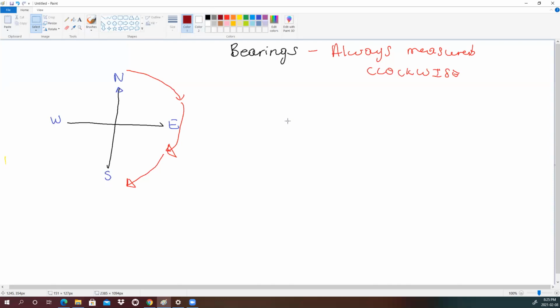So if you get a bearing question, the first thing you must always draw is a north line, because your bearing is always referenced from the north line. So if they say a bearing of P, then you know your north, and P now becomes a position relative to your north, right?